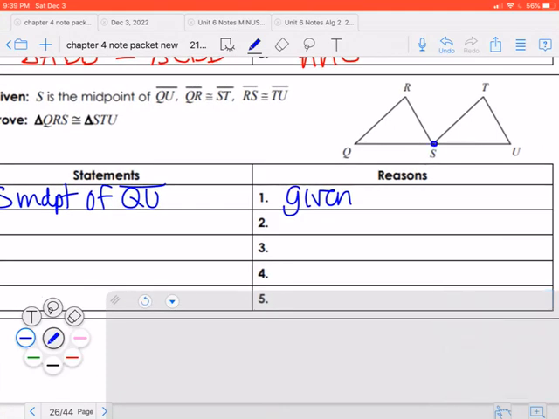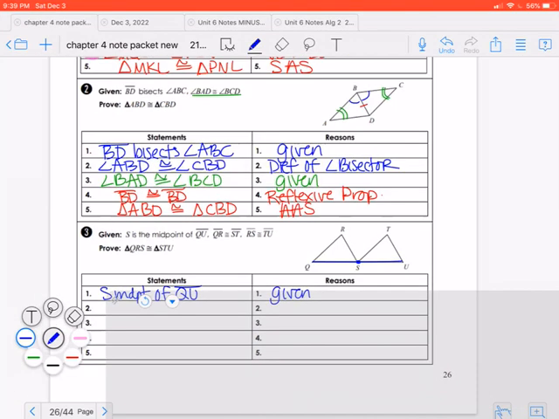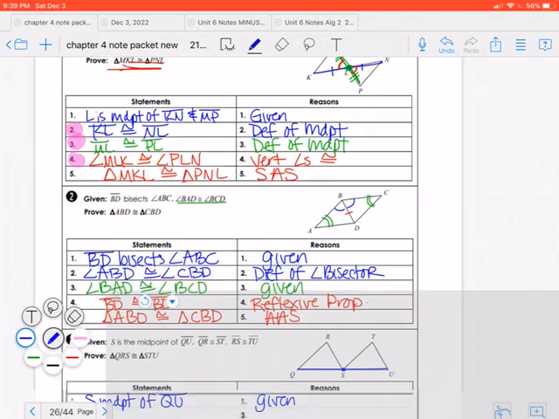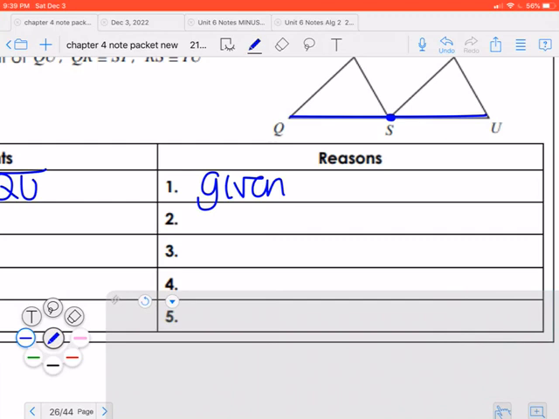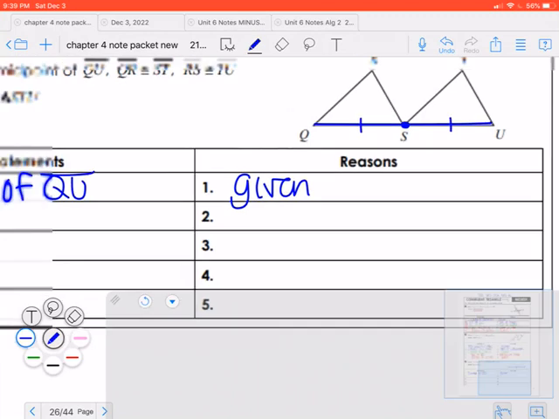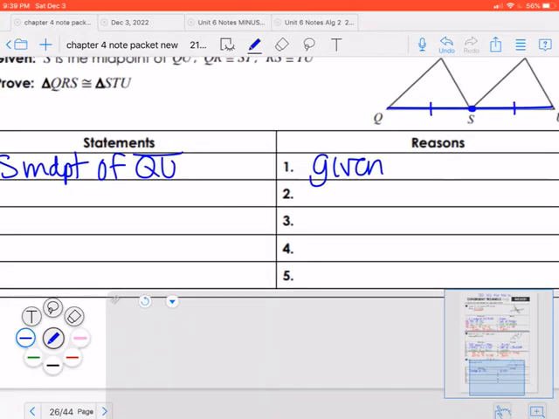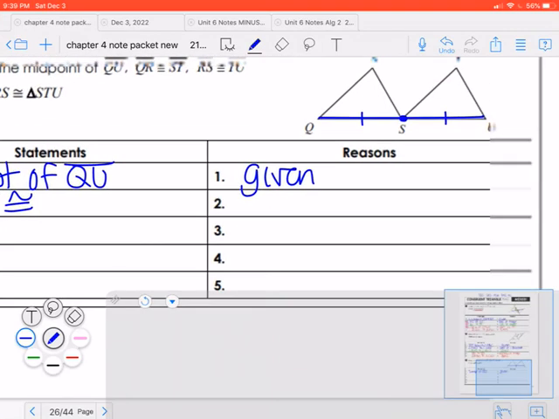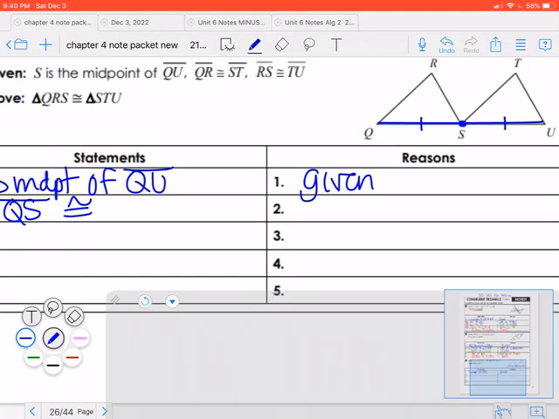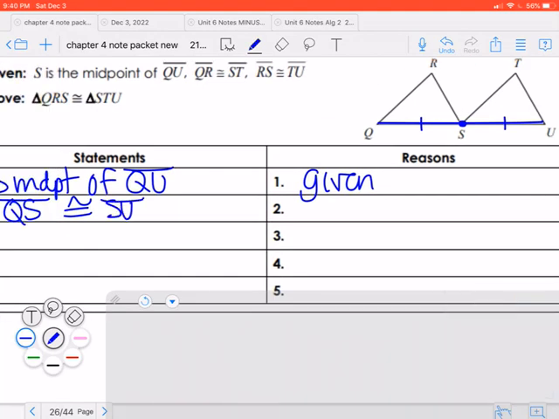Just like above in number 1, when they tell us a point is the midpoint, then our next thing that we've got to say is those two halves equal each other. So let's write that as our statement. QS is congruent to SU. Definition of midpoint.